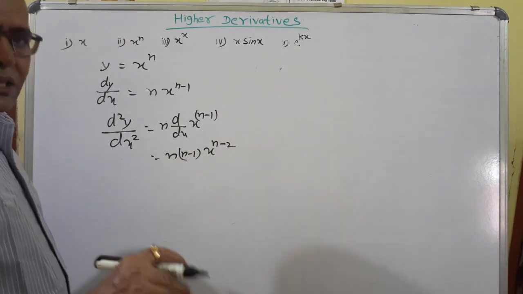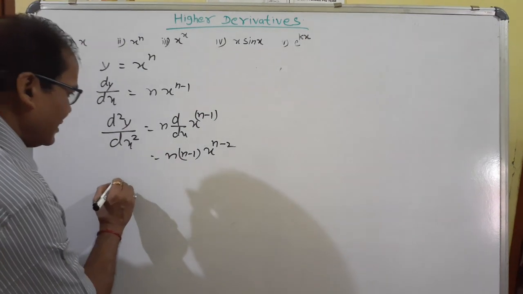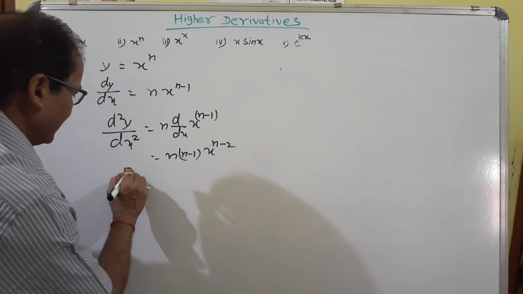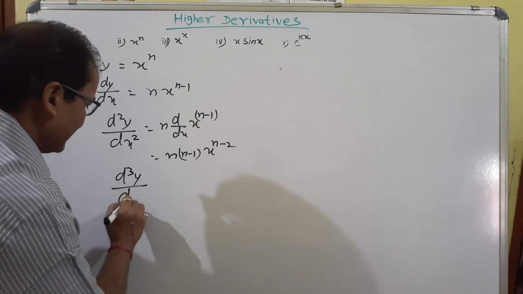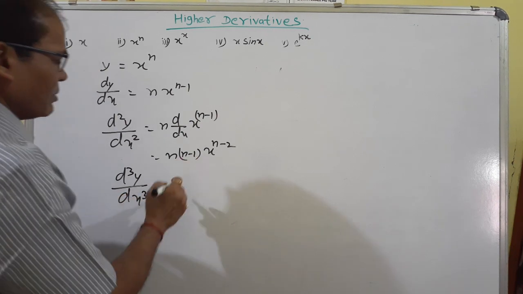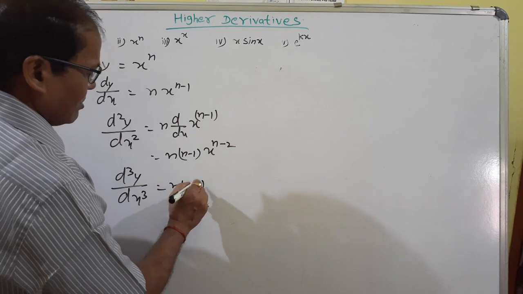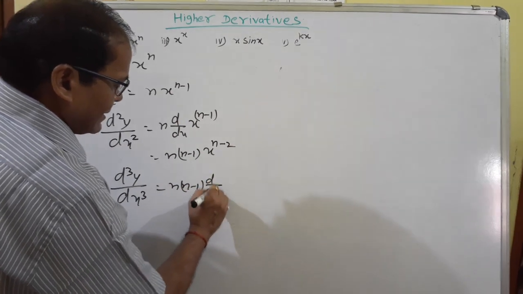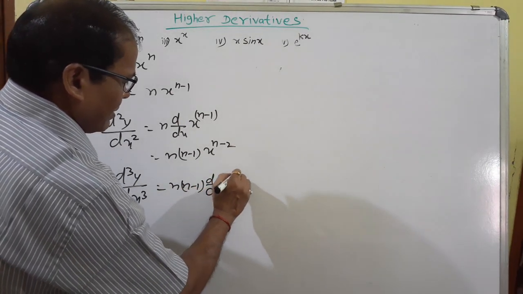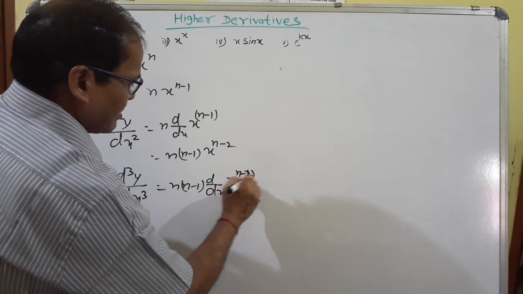If you go for the third derivative, d3y by dx3, n into n minus 1 is common, then d by dx of x to the power n minus 2.